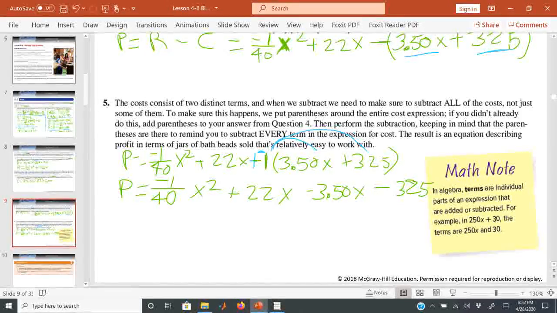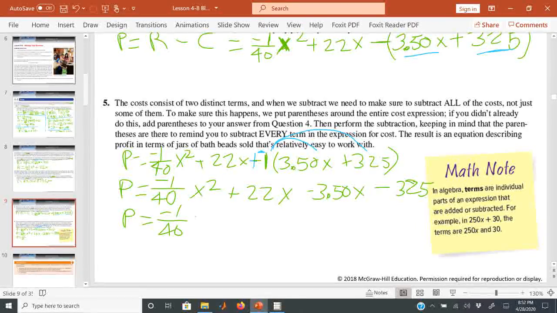And when you think about it, if we calculated the cost first, then we would subtract the entire cost. We would add the two costs together and subtract them both combined from the revenue. So instead of adding them first and then subtracting the answer, I subtract them individually. I'm still subtracting both of them. Either way, I subtract both costs.